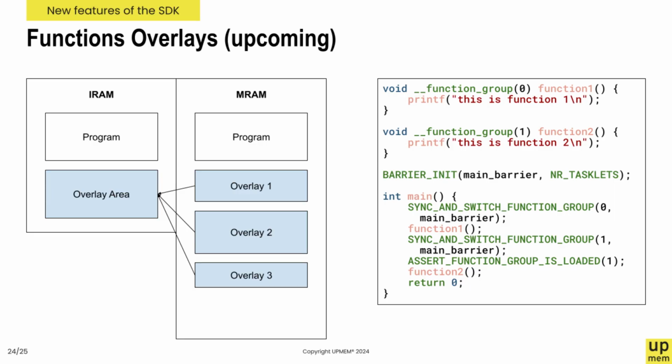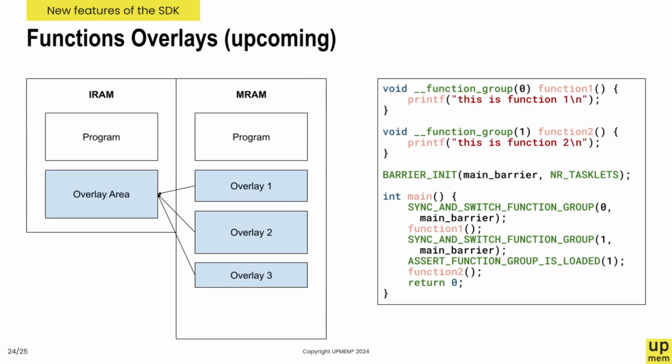By program I mean the function main, maybe some others, and then you're going to have an overlay memory, and a bunch of functions stored in MRAM. Then during your DPU execution, you can dynamically fetch some functions from one of those overlays, put them into the overlay area, and switch it with the existing one. That way you can have much larger binaries.